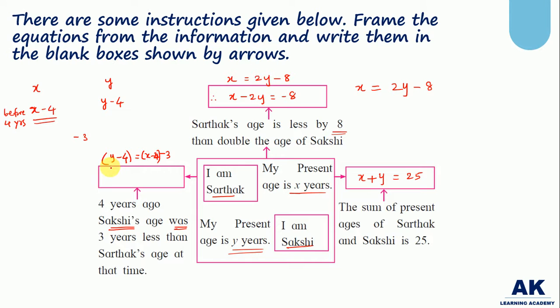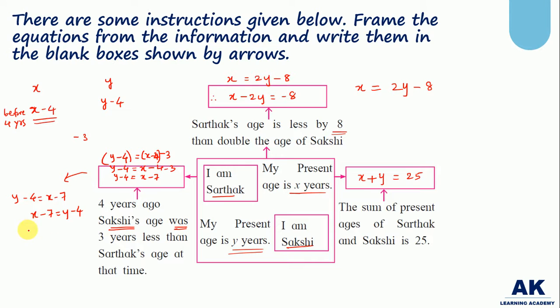So Y minus 4 is equal to X minus 4 minus 3, and minus 4 minus 3 is X minus 7. So Y minus 4 is equal to X minus 7, so X minus 7 is equal to Y minus 4.